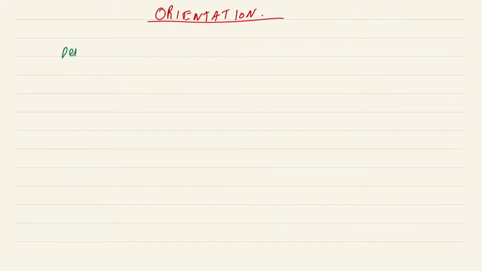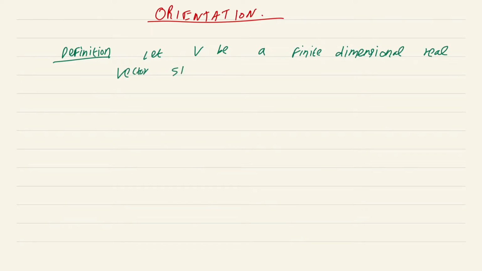First, let's define the orientation of a vector space. Definition. Let V be a finite dimensional real vector space. An orientation, or before I give that, let me just talk about equivalence.